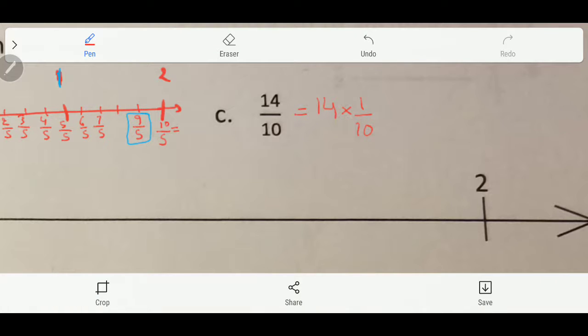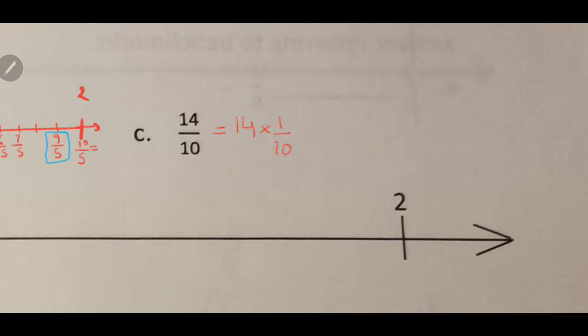I'm just writing this in a different way so I can tell you that we're counting by 1/10, a tenth fraction. So let's make a line segment here. This is 0, this is 1, this is 2.